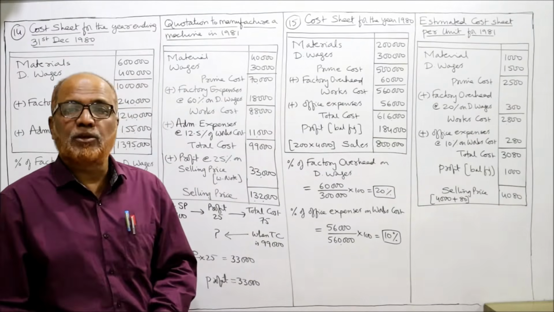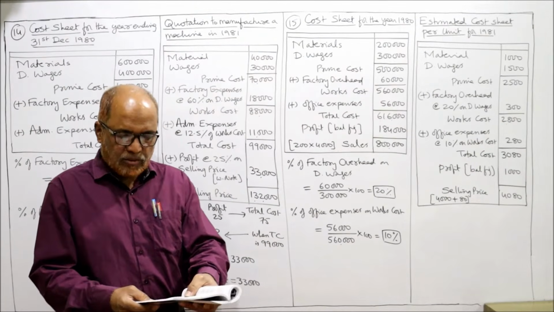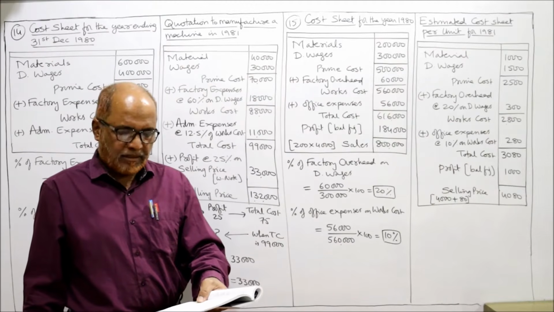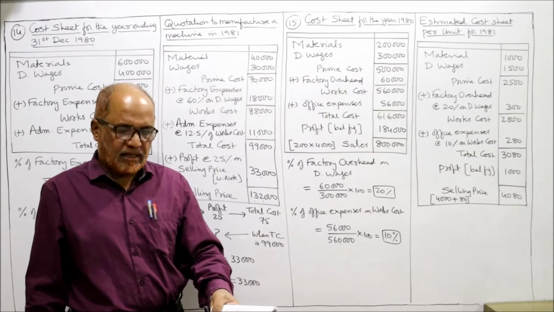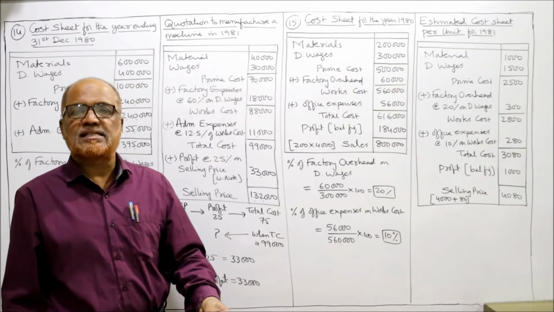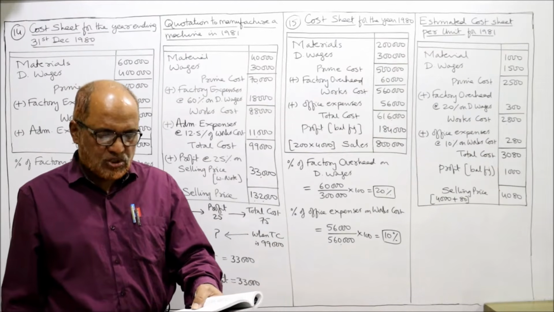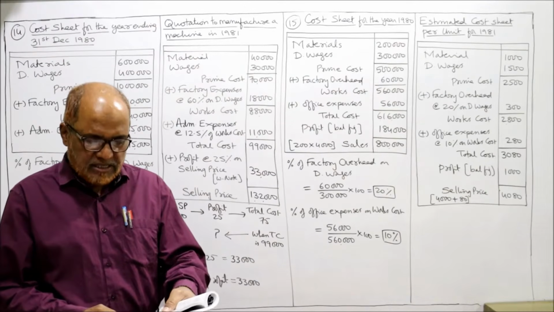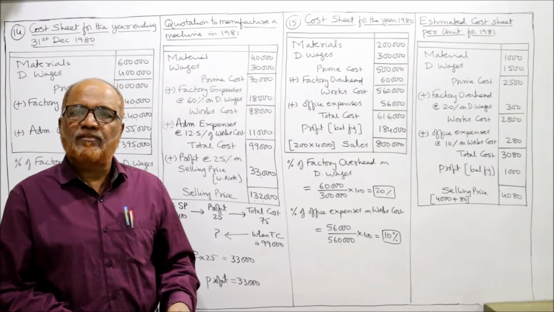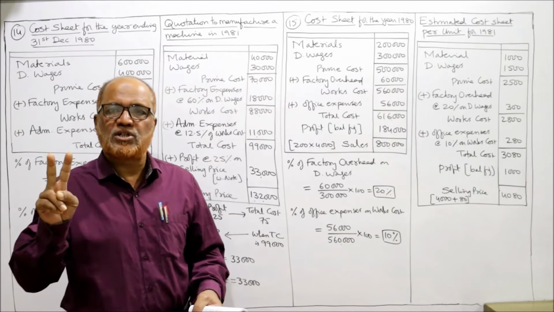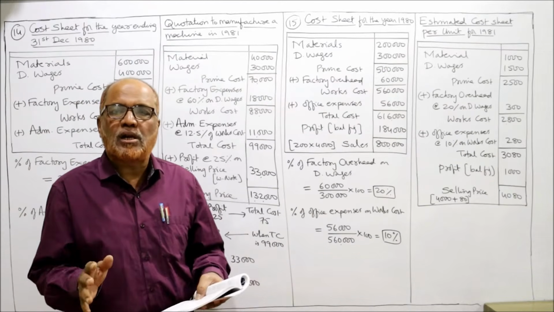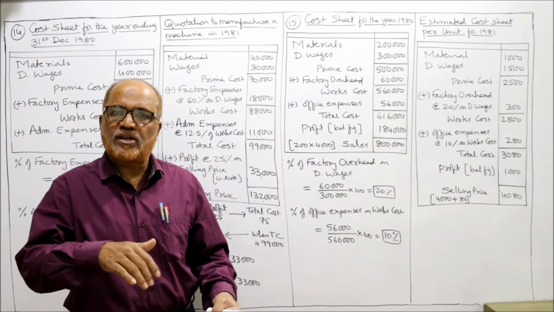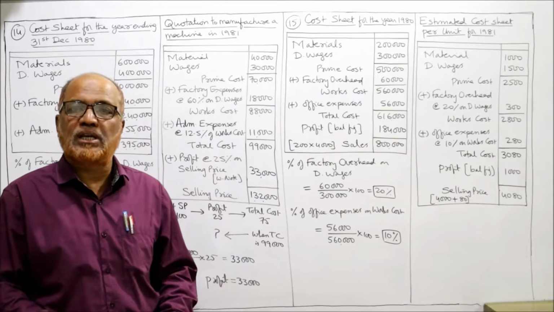Now see the 15th problem. A television manufacturing company finds that in 1980, the cost to manufacture 200 television sets was 6,16,000, which it sold at rupees 4,000 each. In 1980, we manufactured 200 television sets by incurring a total cost of 6,16,000, and these television sets were sold at rupees 4,000 each.